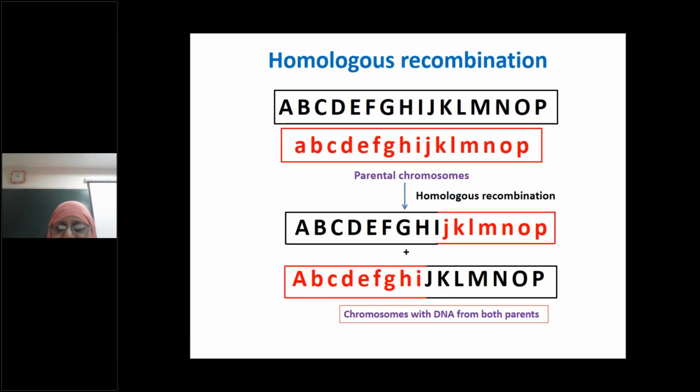If you take a simple example here, we have just given alphabets, in capital letters and small letters, but they are the same alphabets. We are saying these are the parental chromosomes. What happens in homologous recombination?